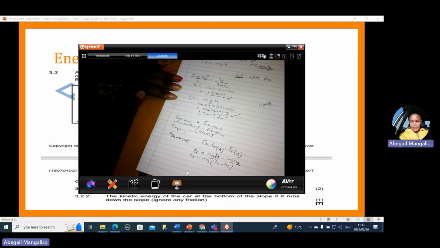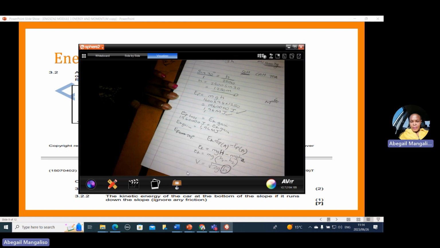But now if it's coming down, you need the difference. Just like a formula of v equal to square root 2gh, this h is always the distance covered by the object. So I'm going to give you an activity so that you can see if you understand the concept I've just explained now.